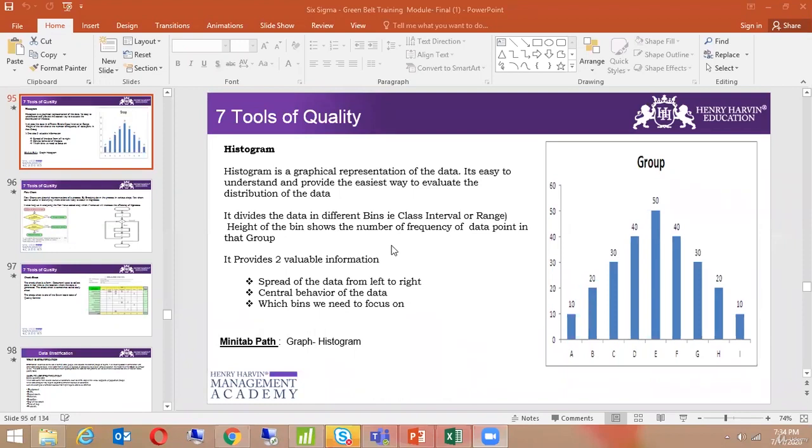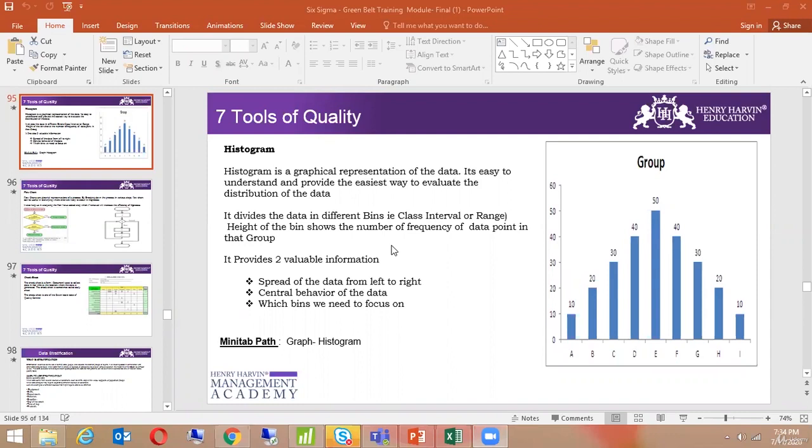A histogram is a graphical tool which helps us look at the data in a different sort of way. It gives us the class intervals. You must have heard about class intervals during your school times also, that there is a range that has been given.